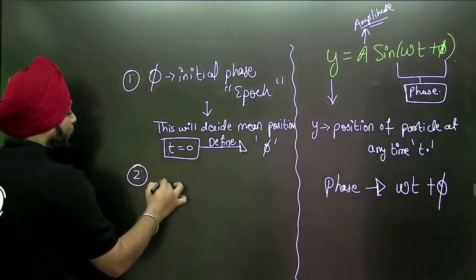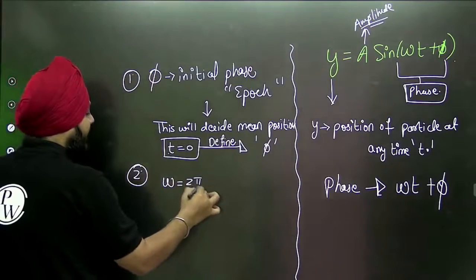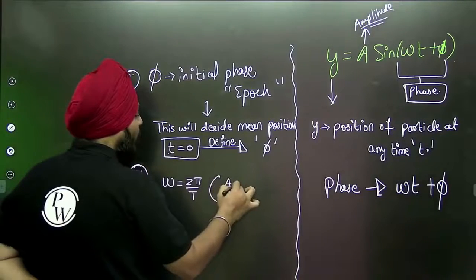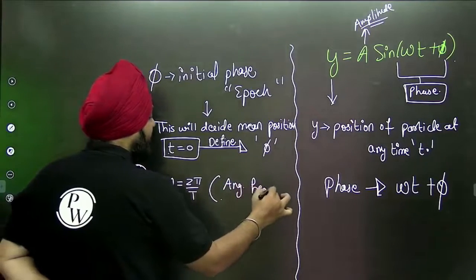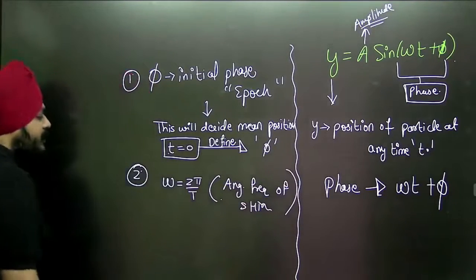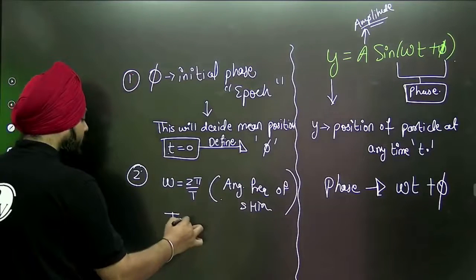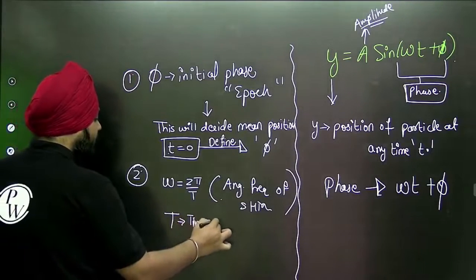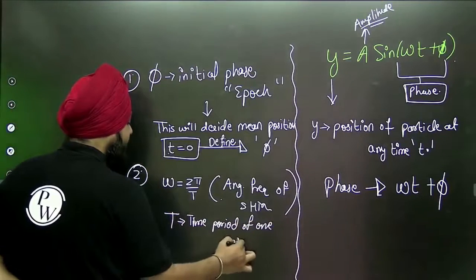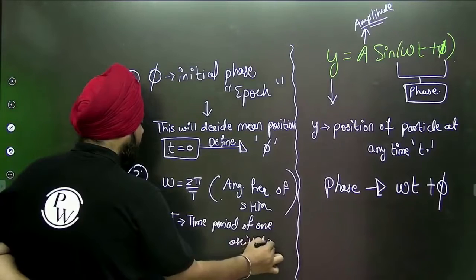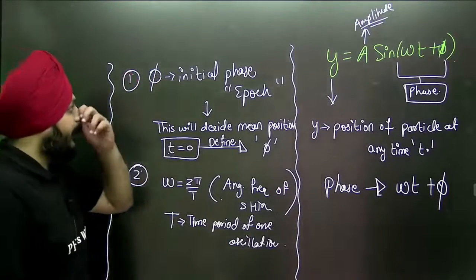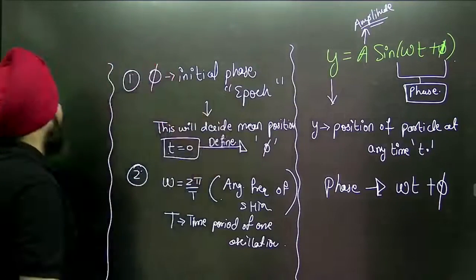Second, omega is 2 pi by capital T. This is known as angular frequency of a particle that is performing SHM, where T is the time period of one oscillation or round. If I want to represent this, how can I represent it?